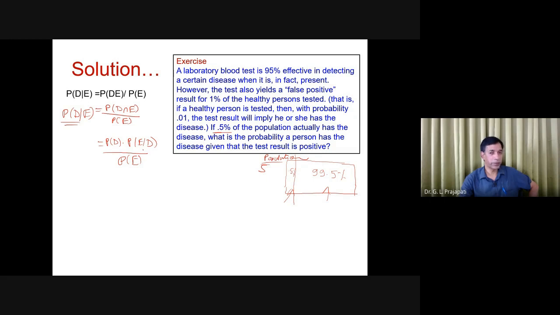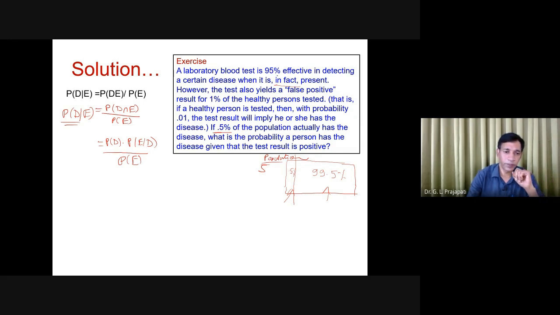A laboratory blood test is 95% effective in detecting a certain disease when it is in fact present. So when the disease is present, this represents that. It says what is the probability that the test result is positive, given that the person actually has the disease.